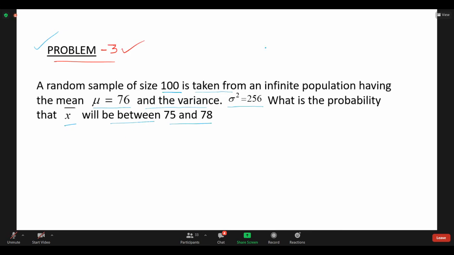We have to solve this problem by using the central limit theorem.